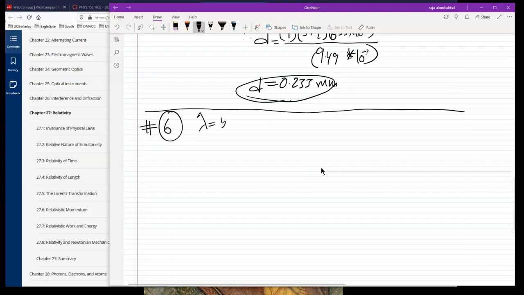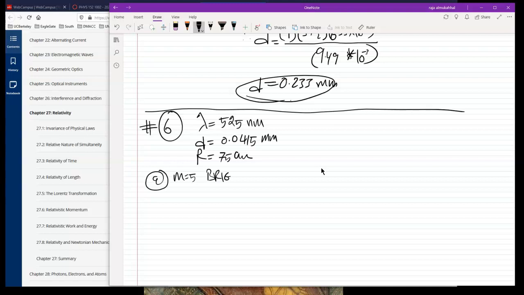Lambda is equal to 525 nanometer, d is equal to 0.0415 millimeter, and R is 75 centimeter. And then part A, he wants m equals 5 for bright. Basically, he wants y sub 5.